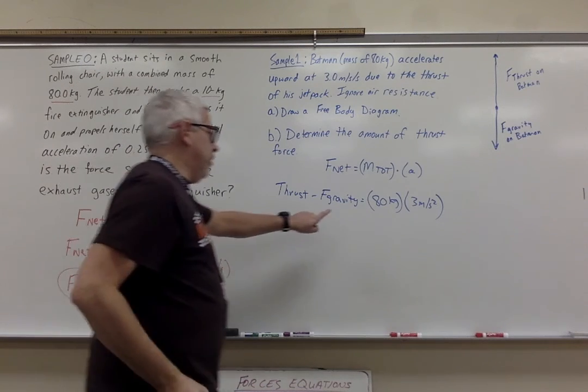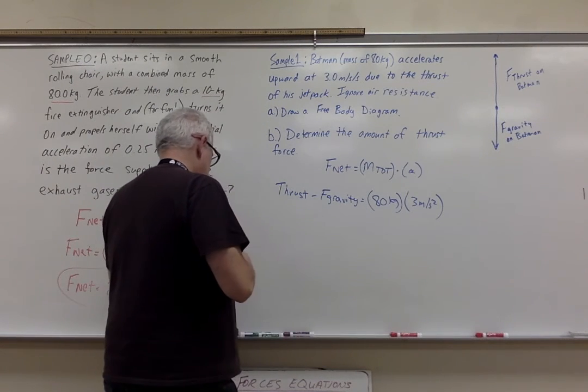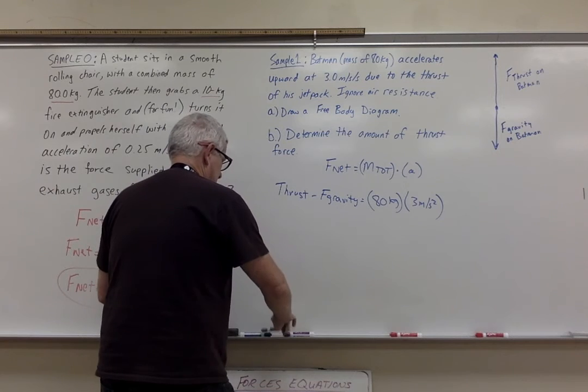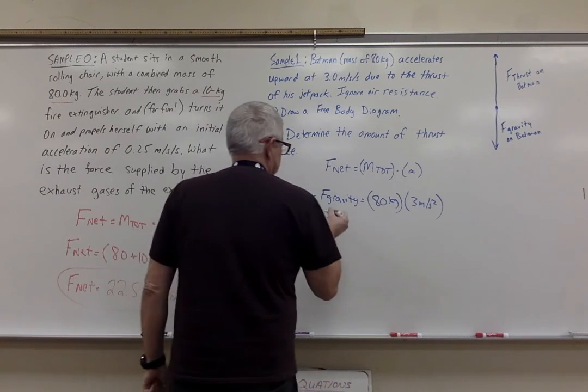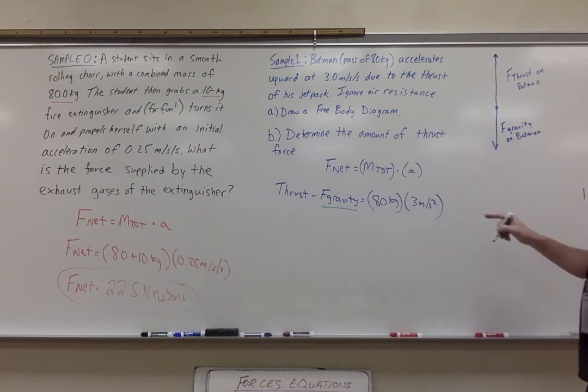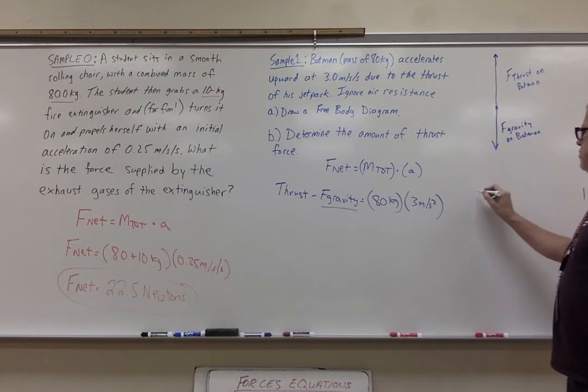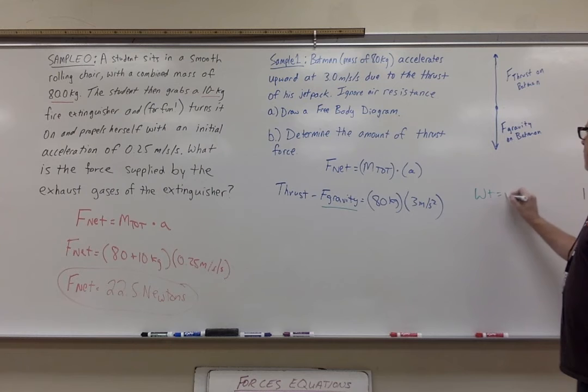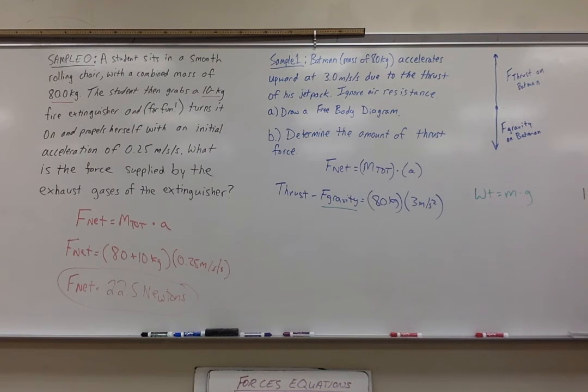So I really need to figure out how much that is. Well, if I go back and use the second equation I showed you earlier, you can realize that the force of gravity is the same as the person's weight, and that's m times g. g on Earth is about 10 newtons per kilogram, or 10 meters per second squared. Technically, you could use 9.8 for that.